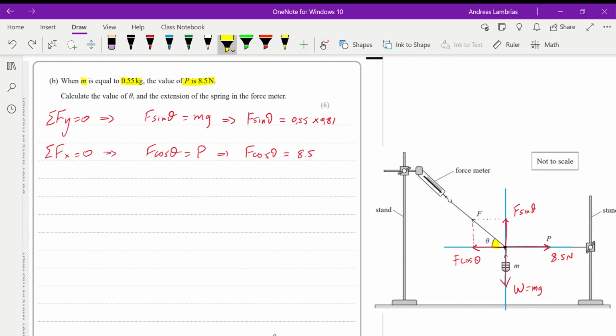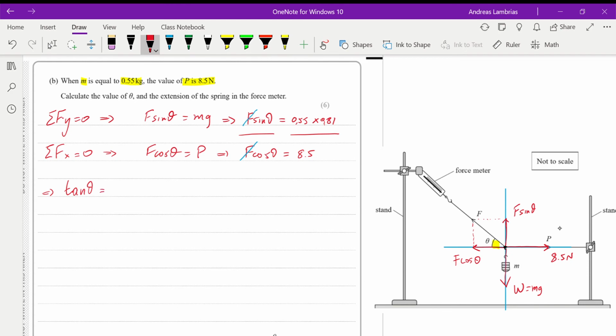You can work out F and theta using simultaneous equations, or there's a trick you can do to save some time. You can just divide these two equations by each other. And what do I get from that? I can cancel out the force, and I know that sine theta over cos theta gives me tan theta.